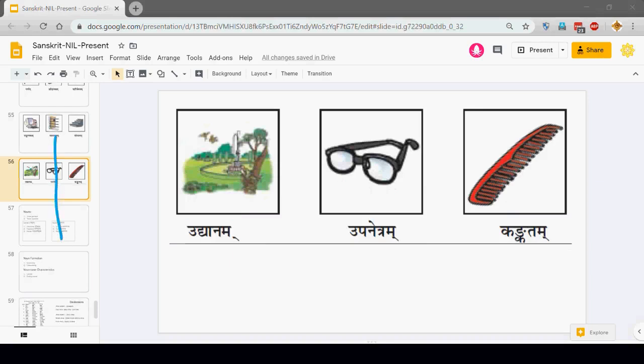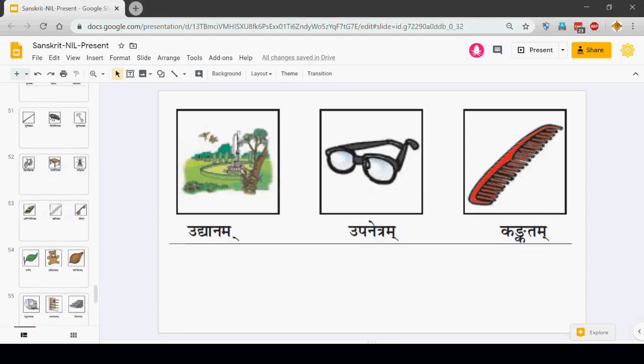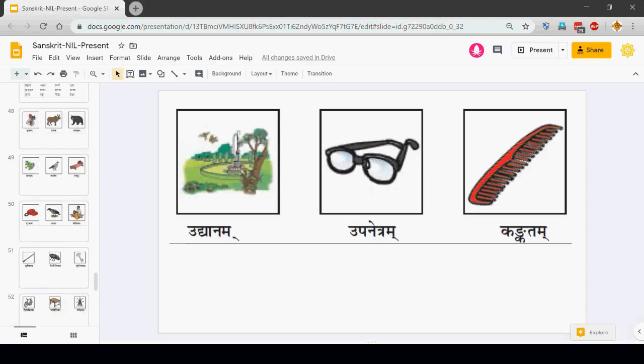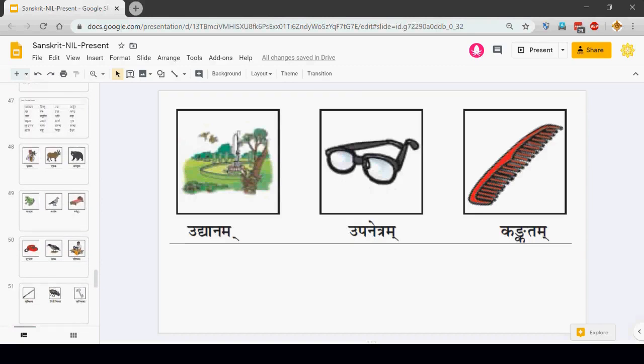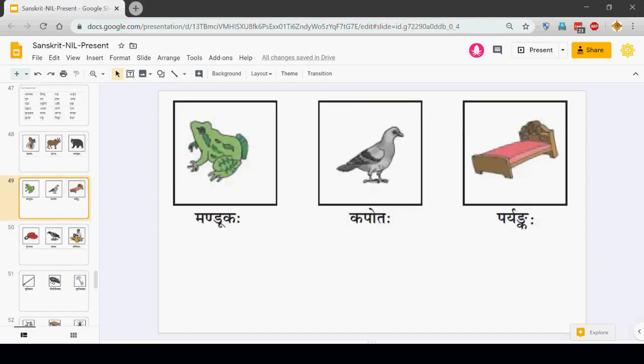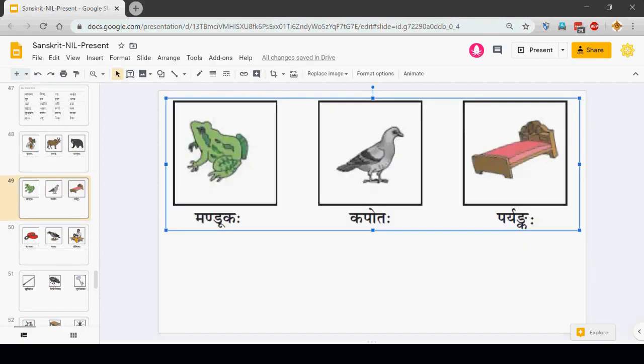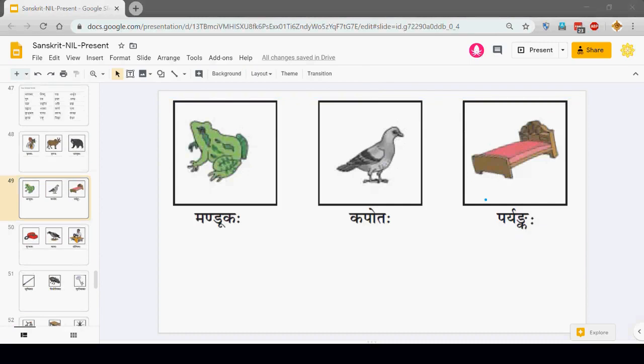For example, let's take the last object here. What is the last object? The last object shown here is a bed. We are referring to it as paryankaha here, and there is another word we saw before to refer to bed called shayya.